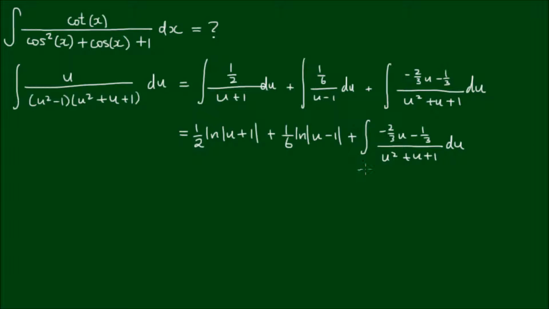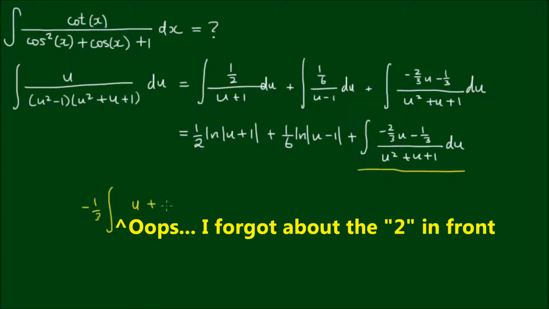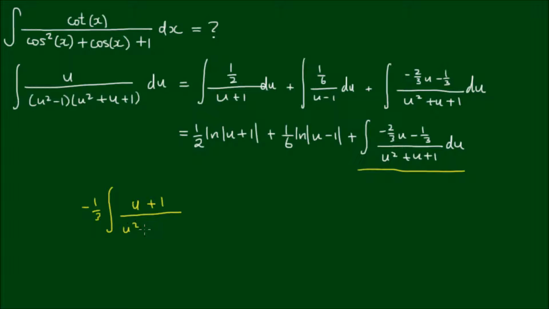Okay, so for this integral, if I factor out a minus 1/3, I will get minus 1/3 outside of the integral of u plus 1 over u squared plus u plus 1 du.